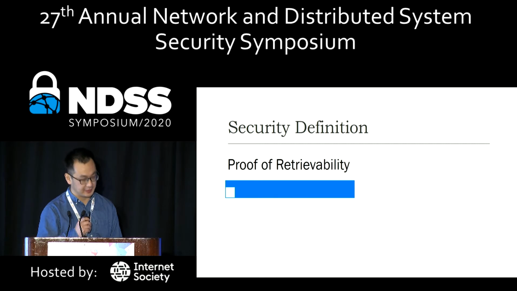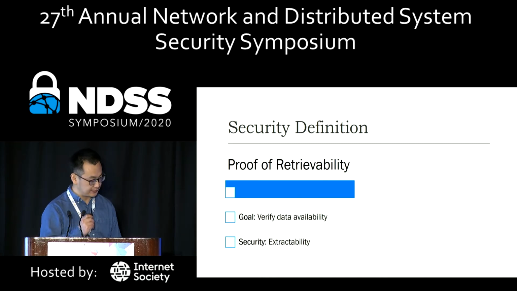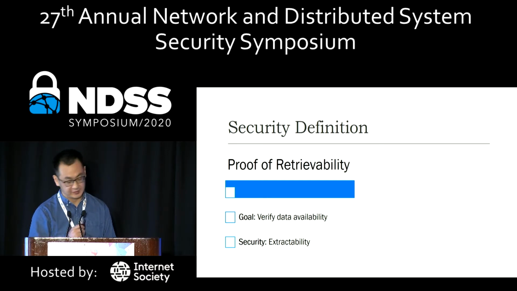Our idea is inspired by the classic primitive called proof of retrievability. The goal of proof of retrievability is to verify data availability, so the formalized security definition of PoR is defined by extractability.